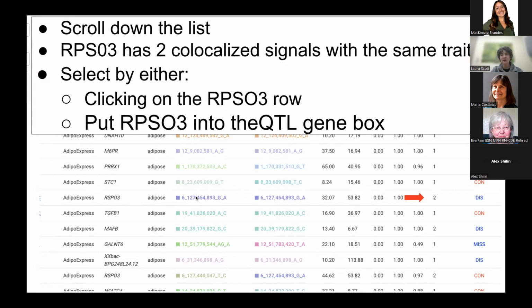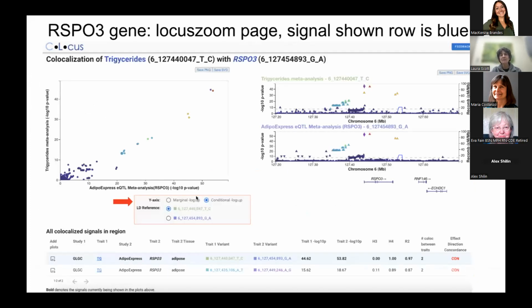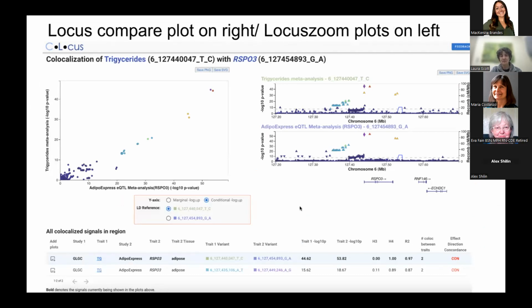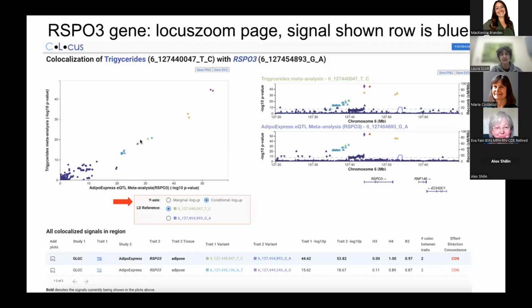So I'm going to click on the row. All right, and that brings you to what we call the locus zoom page. On the locus zoom page, you can see that this is the signal we selected. Let me back up for a minute.